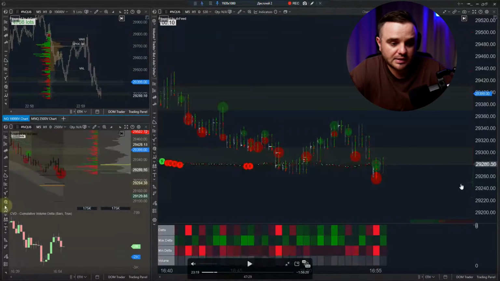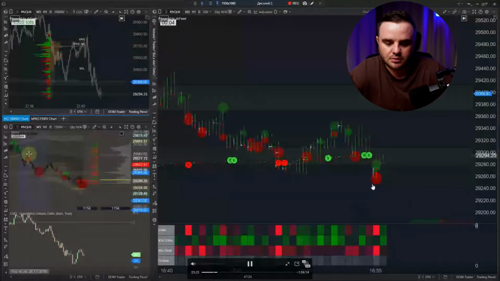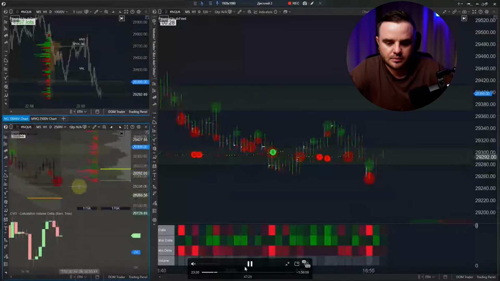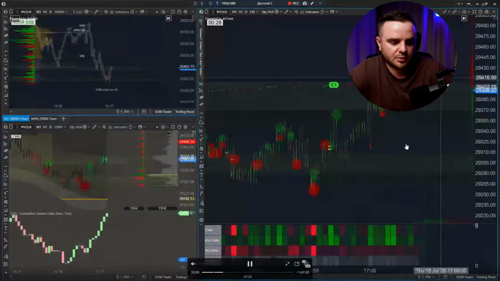And that's an example for you of absorption. Massive delta drop, price stopped dropping, a lot of big orders, big bubbles appear. And after that, it started quite a significant move.